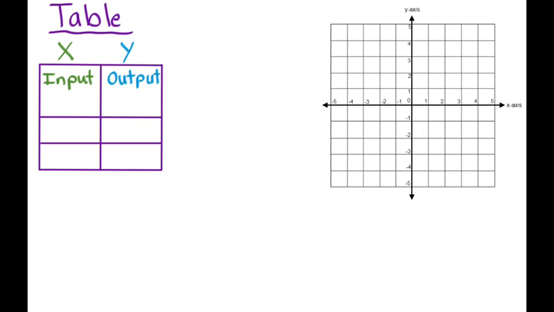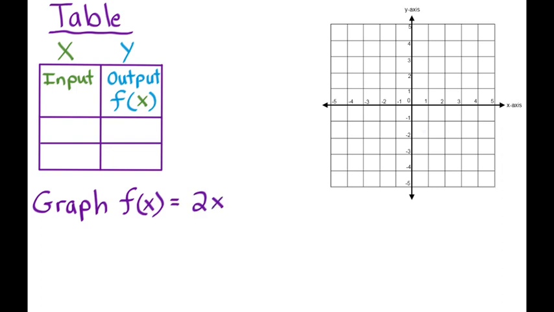I can put some different numbers into our function, right? So f of x is our output, and x is what we put in. So we're going to graph f of x when we have 2x plus 1. So we'll just grab a couple numbers here, right? We can pick anything and plug it in, but I'm just going to go ahead and go with 0 because it's so easy, right? If I make x 0, then anything times 0 goes away.